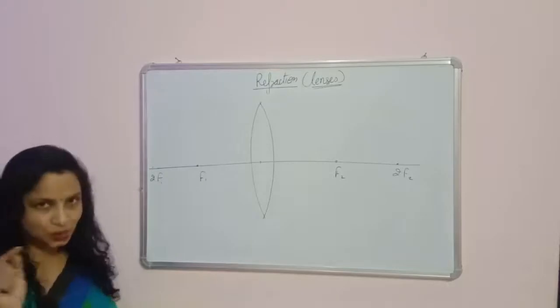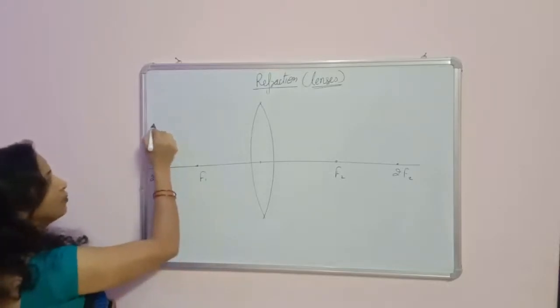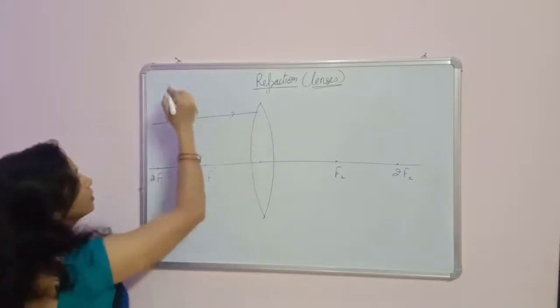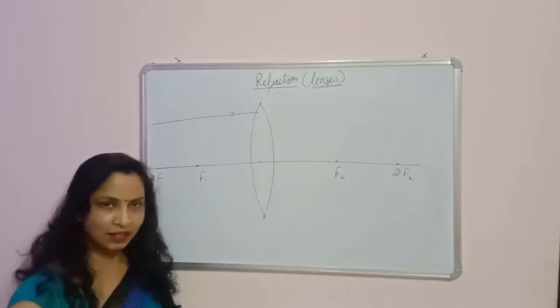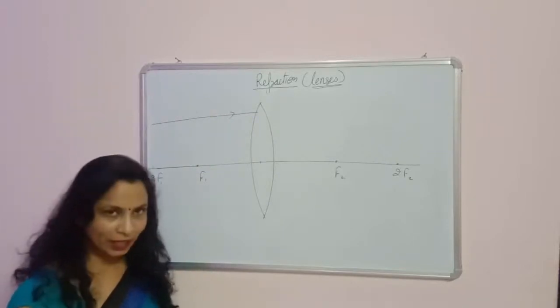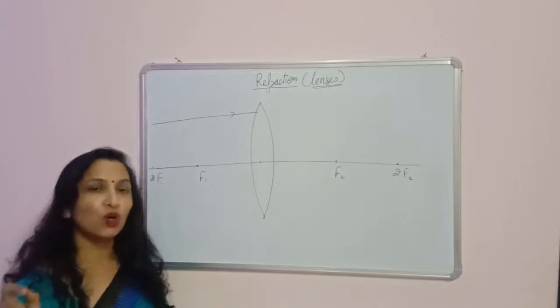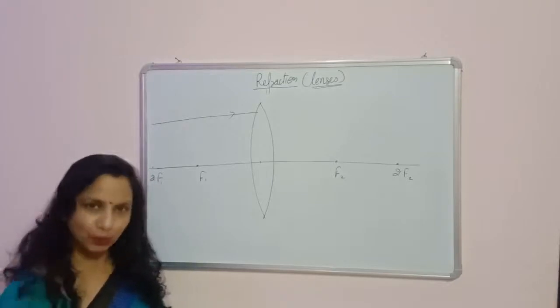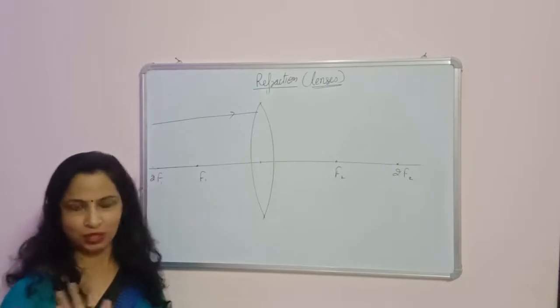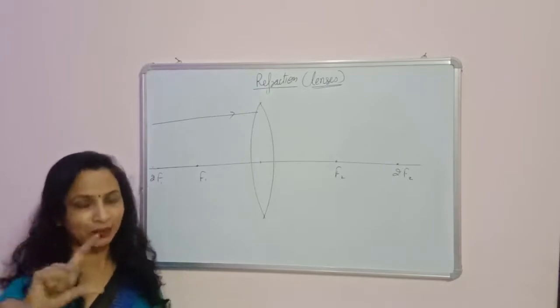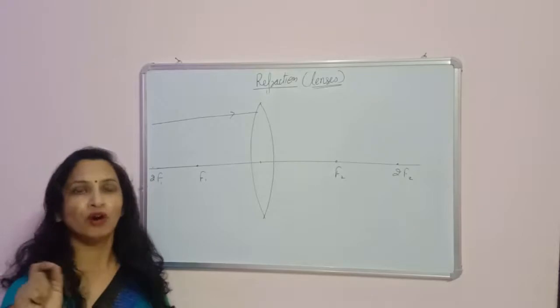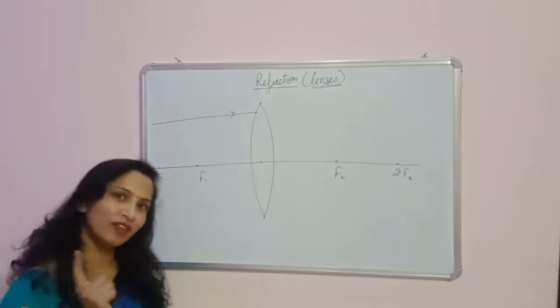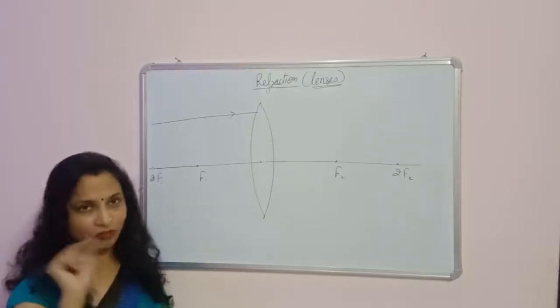First, you write the heading: rules for obtaining the image by the convex lens. Again, you can pause the video for writing in your notebook. Now, rule number 1.